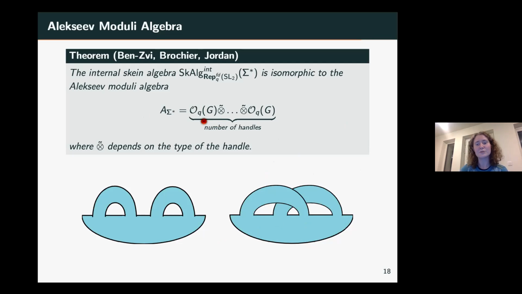That means in your Alekseev moduli algebra, you again have 2 copies of the reflection equation algebra, but the tensor product between the copies is going to be a little bit more complicated. You can still write down formulas for it, but this is what I mean by the tensor product depending on the type of handle, and basically on the topology of your surface.